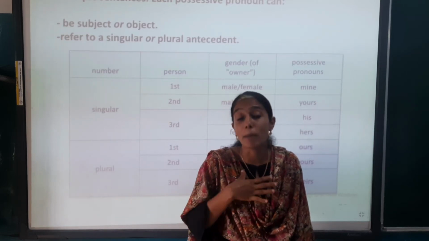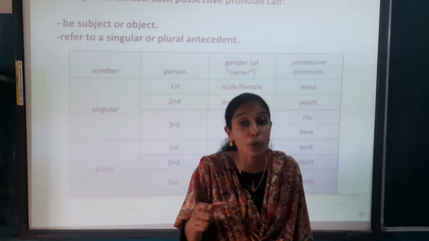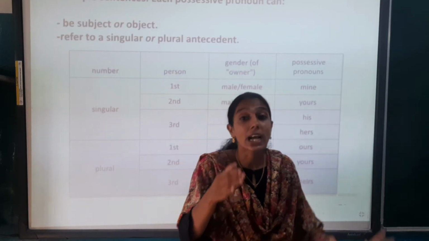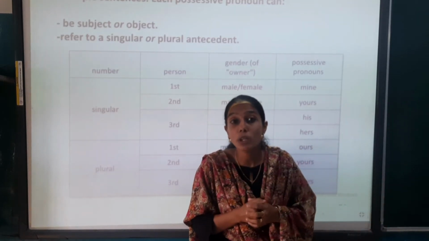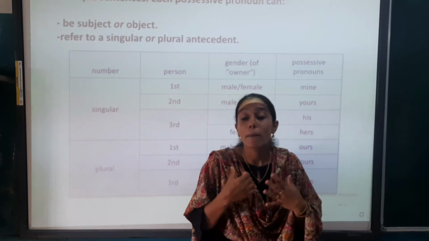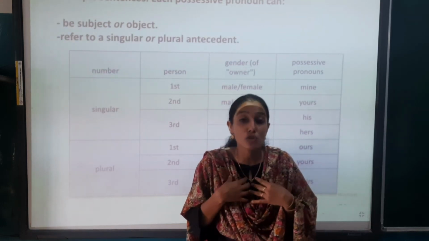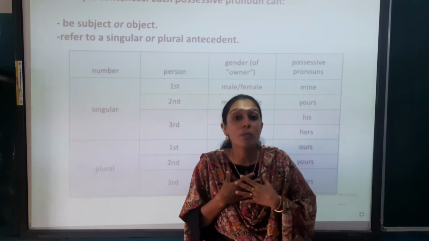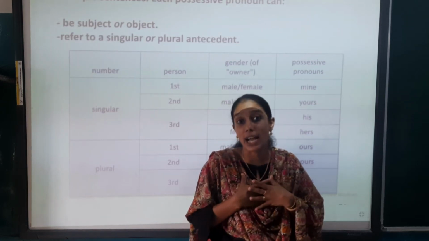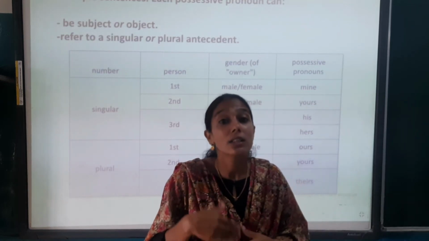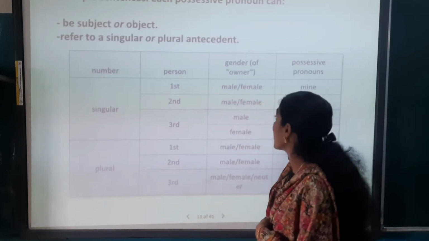This book is mine. So this is a possessive pronoun. You are telling that the book belongs to whom? The book belongs to me. But I won't say this book belongs to me, okay. But this book is mine. You won't say, this book is I. What will I say? This book is mine.